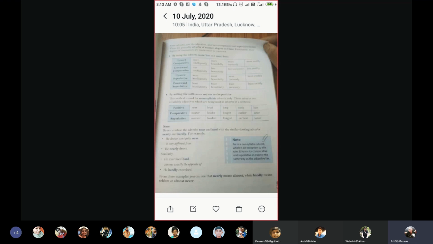Moving further, from these examples, you can see that nearly means almost, while hardly means seldom or almost never. So these words are good enough for you to see the comparisons. Now move on to the exercises, children.